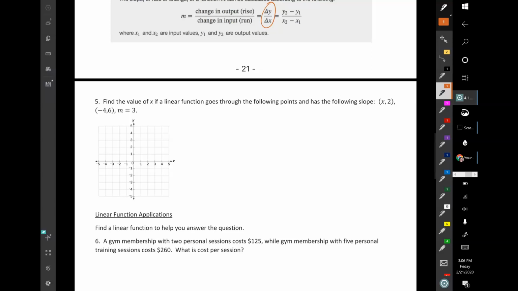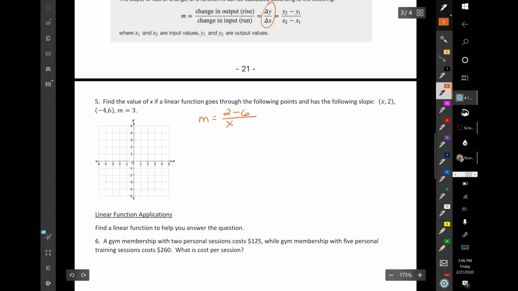my m, or average rate of change, is going to be the difference in my y values. So I would have 2 minus 6 over the difference in my x values.